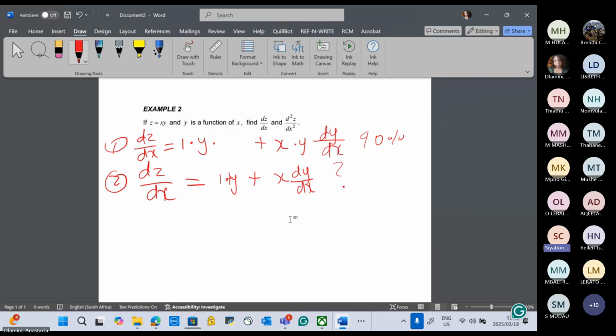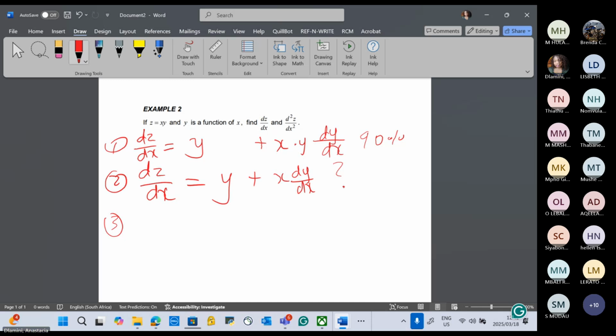Were you asking or were you saying? Before I say my part, I want to ask about number 2. Is that 1 plus y or is it 1 multiplied by y? One multiplied by y. For me, ma'am, I'm agreeing with number 2.